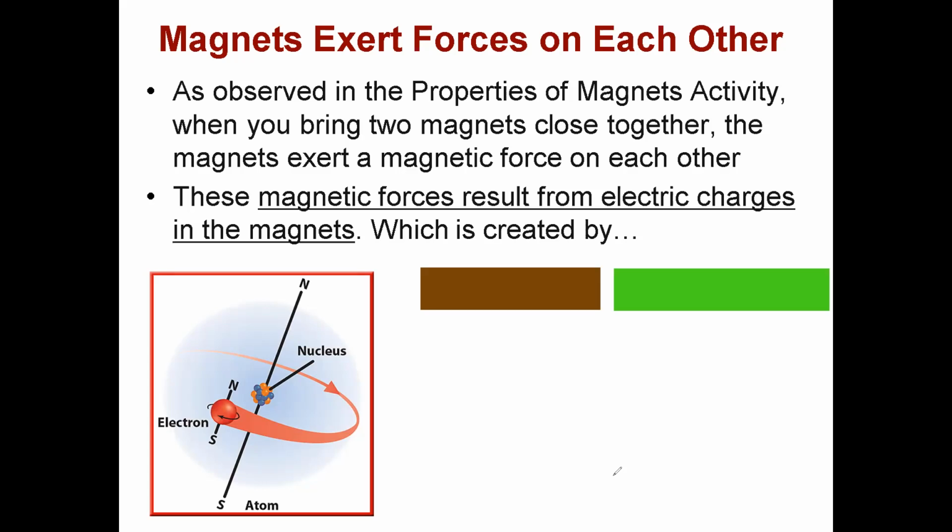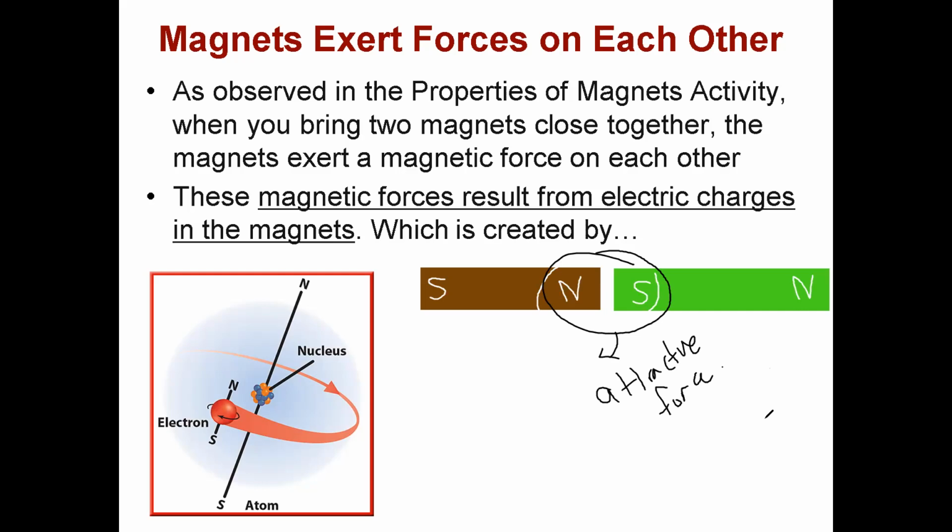So if you bring two magnets here, we have south and north, south and north. If you bring them like this, at this part here, the two magnets exert a force. And this type of force here is an attractive force.